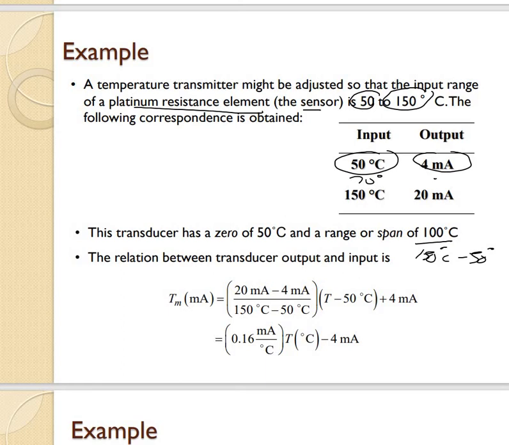So we can use this formula. We input the measured temperature here so that we can get the value of the current, the electrical signal output. This value will be sent to the controller.